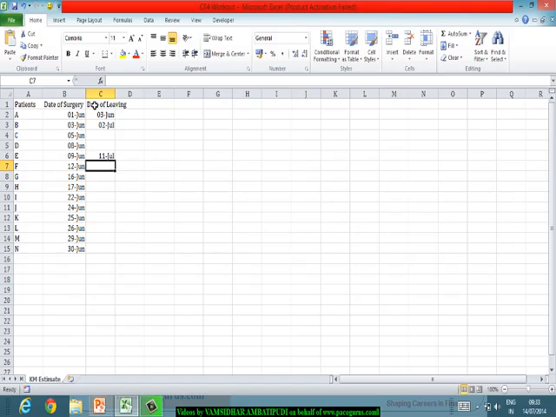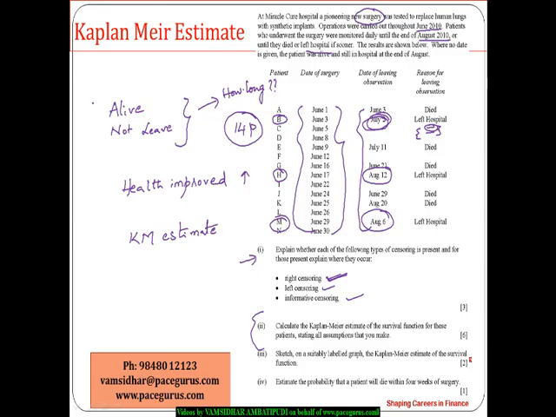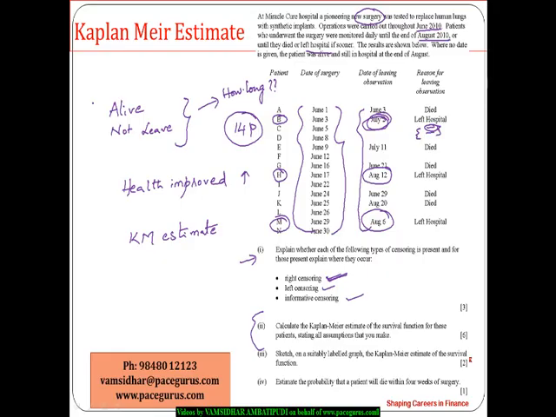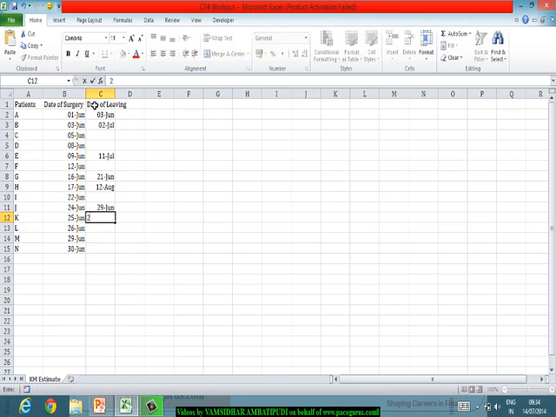G left on June 21. H on 12th August. I did not leave. J on 29th June. K on 20th August. Right. L did not leave. M on 6th August.